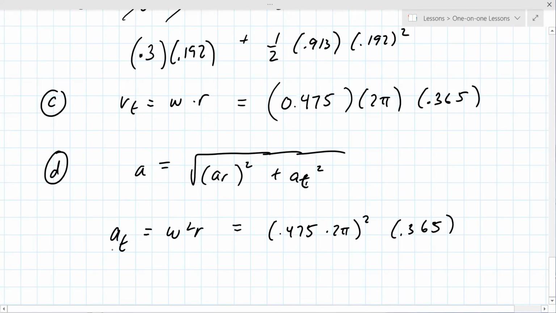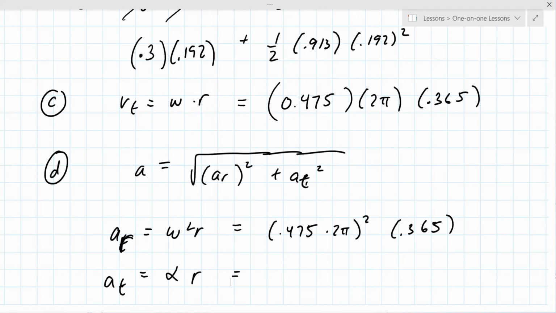Oh, I see. Okay. I'm gonna fix that up. 0 point whatever that number is. Yeah. And the tangential acceleration is alpha times r. We didn't find alpha yet.